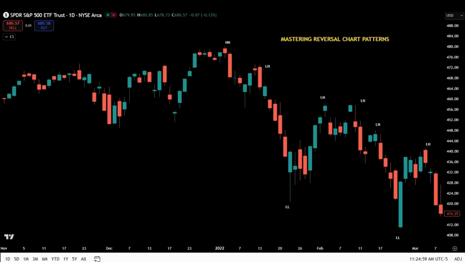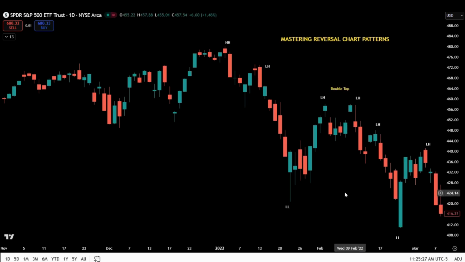Another pattern we talked about in the blog was a double top, which is literally what we have right here. So we have our lower highs, lower lows. We go up, we consolidate, we come back up again. This is actually a double top, which is a reversal pattern.